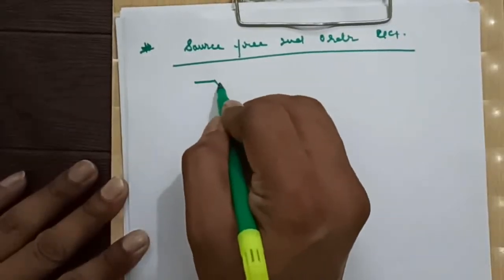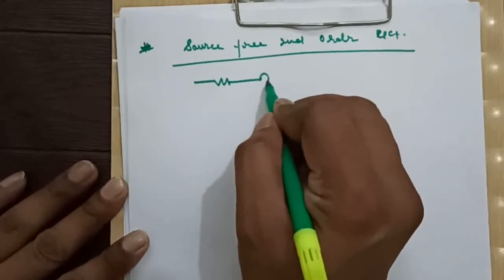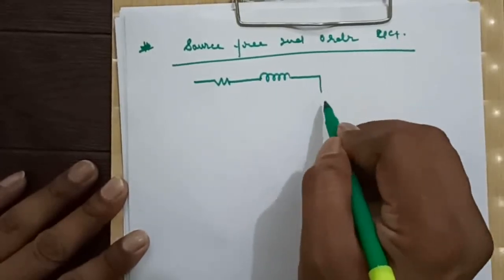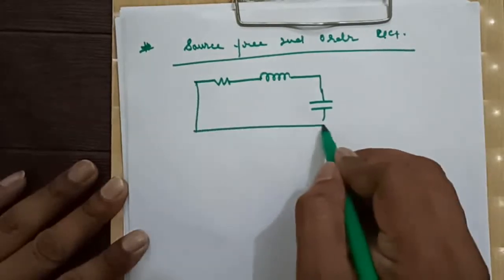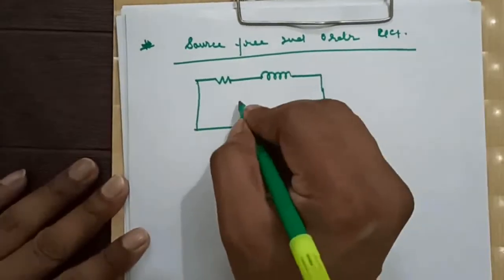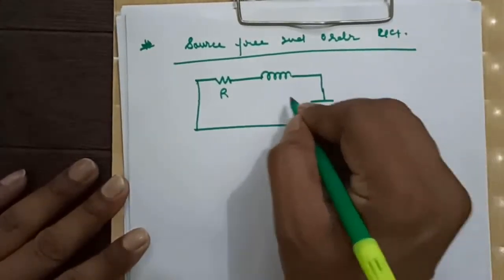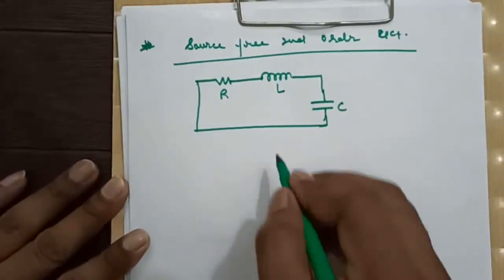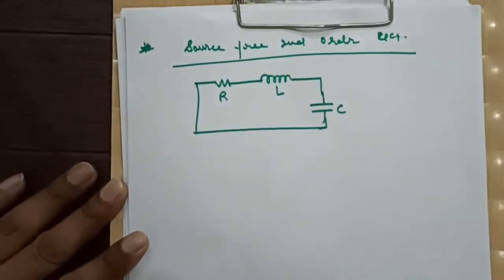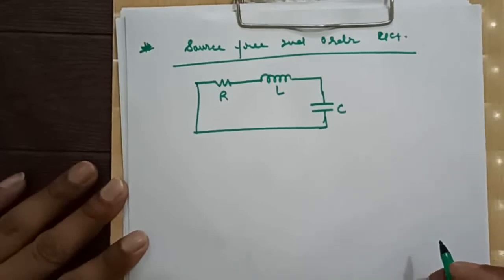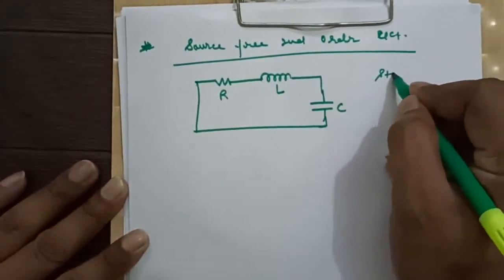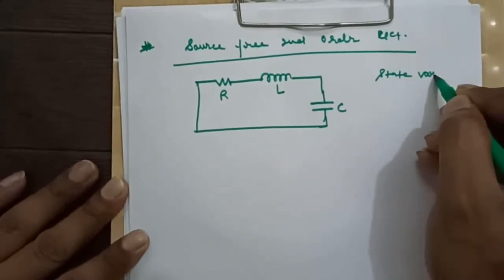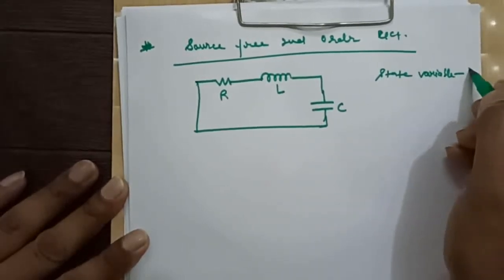Consider first a series RLC circuit. This is R, this is C, and this is L. Now see, in this case the correct state variable will be I.